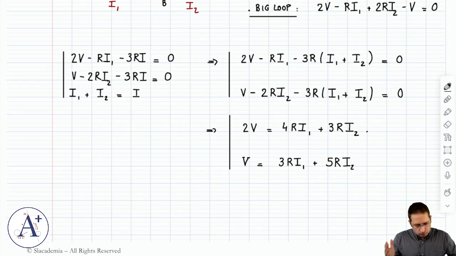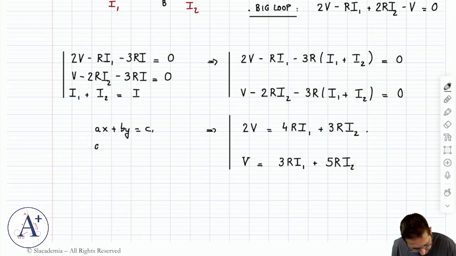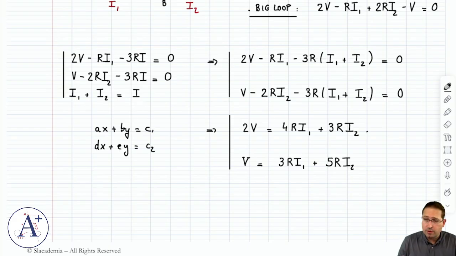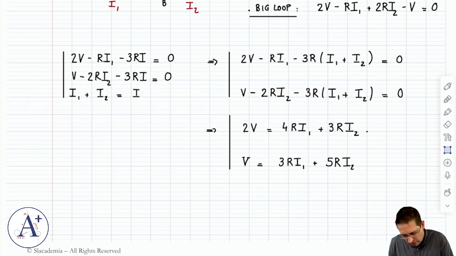Okay, fair enough. And this is the same kind of equation as AX plus BY is equal to C1, and DX plus EY is equal to C2 or whatever. Two equations, two unknowns, right? So we know how to solve this thing. Our unknowns are I1 and I2.